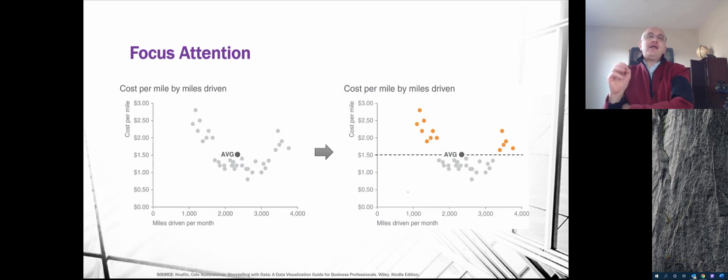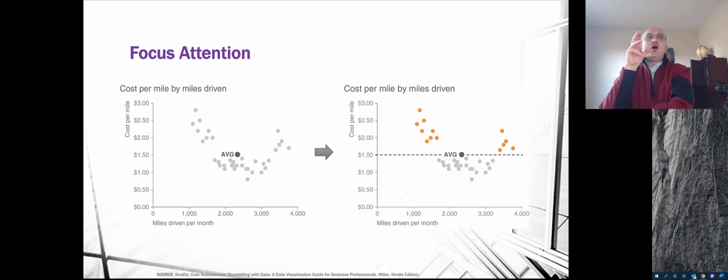Now, principle number 3 is kind of related to the other 2. They aren't mutually exclusive. Because remember, principle number 2 is serving a clear purpose. And part of that is make it easy to understand. So draw the viewer's attention to where you want it. And one way to do that is with color.